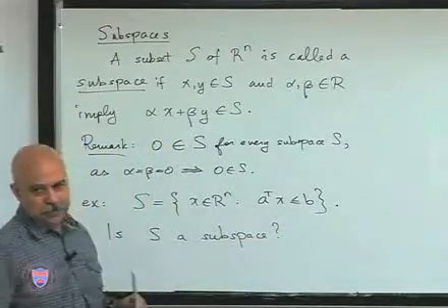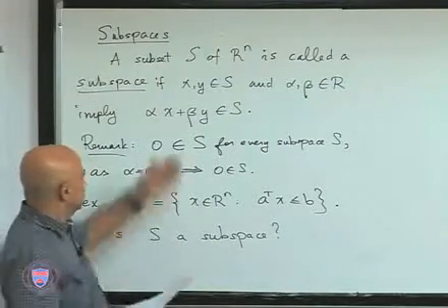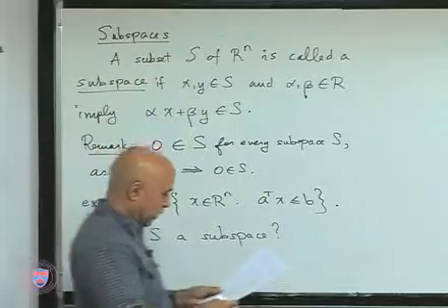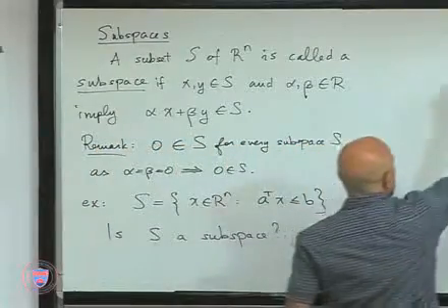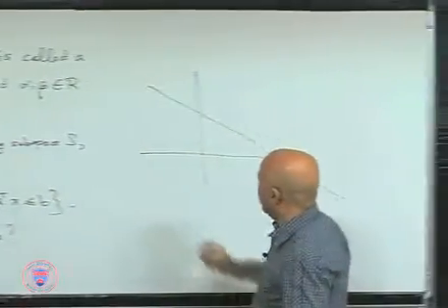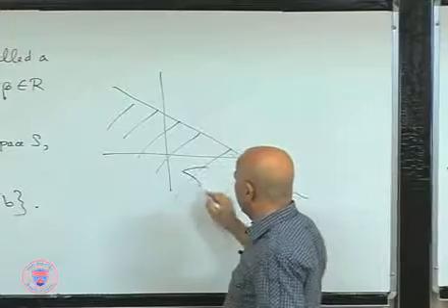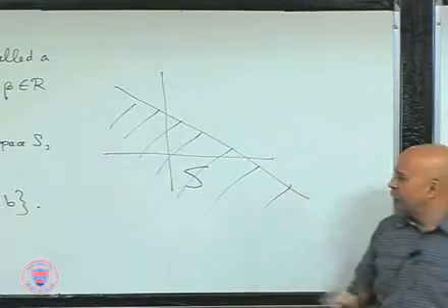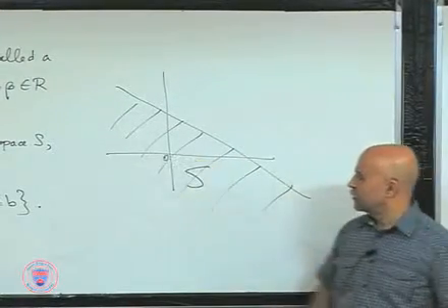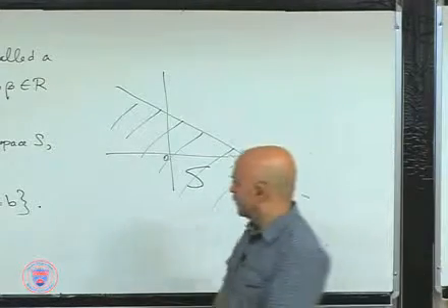The answer depends. Depends if the conditions are fulfilled or not. Generally speaking, if your set S is this way, where the origin is here, what do you think? Is this a subspace or not?